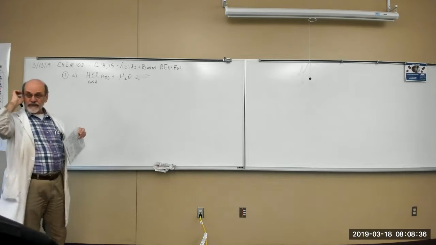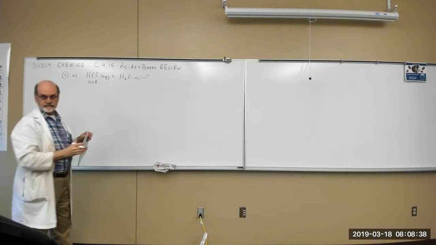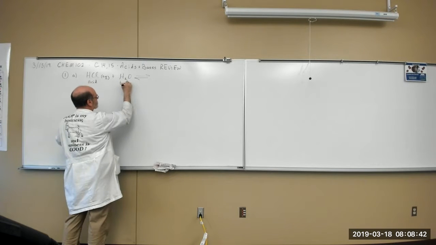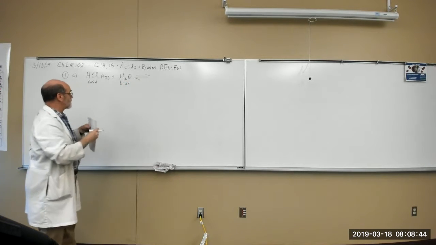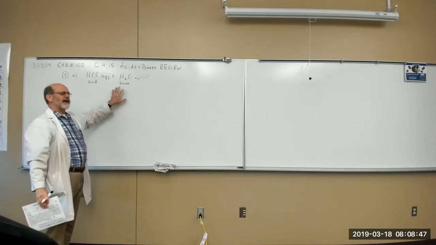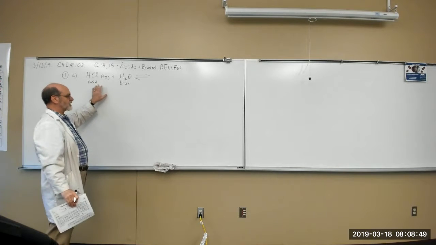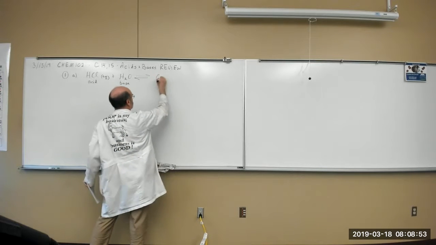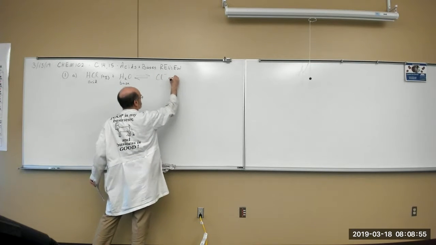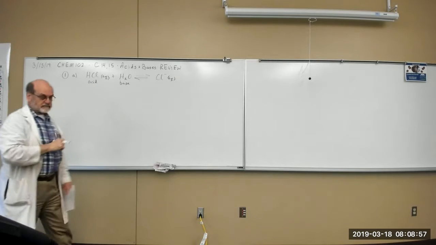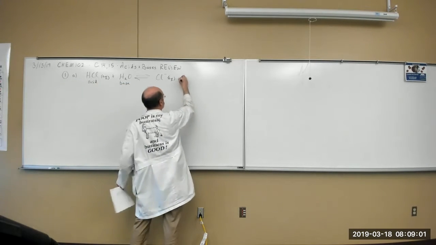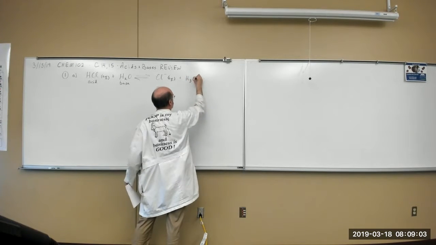And water, remember, is amphoteric. It can be acid or base. So this is going to be our base, which means the base accepts a proton, and the acid gives up a proton. So if this gives up a proton, it's just going to leave the chloride ion. And that proton ends up on water as the hydronium ion.